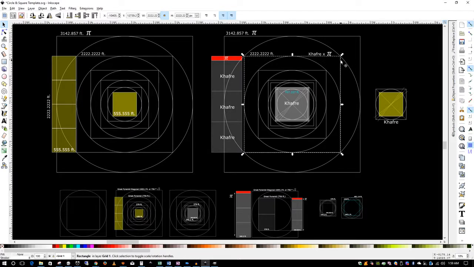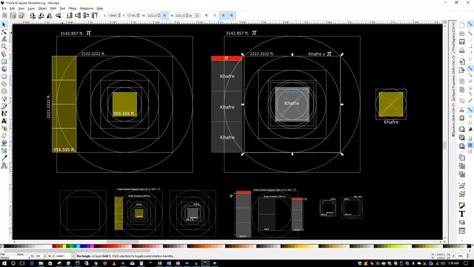The side length that you see right here is actually Khafre times pi, and that's the reason you see Khafre right here 3 times with the 0.14, because it is multiplied. It's actually 22 over 7, which is what we get as the side length here.